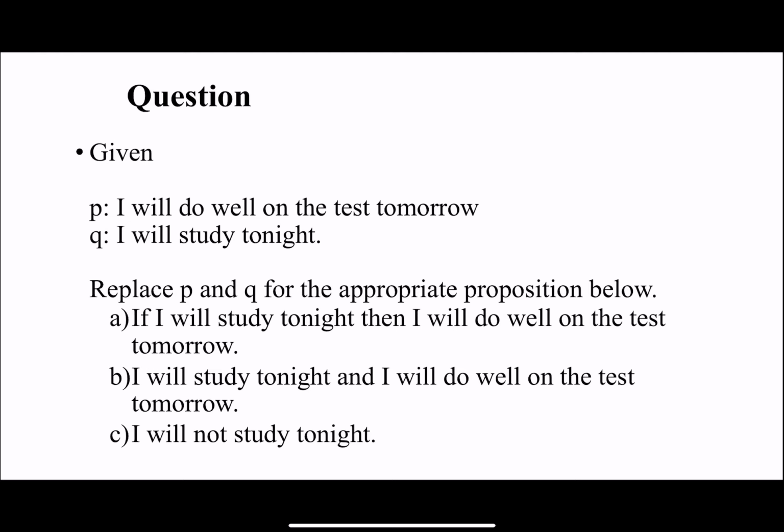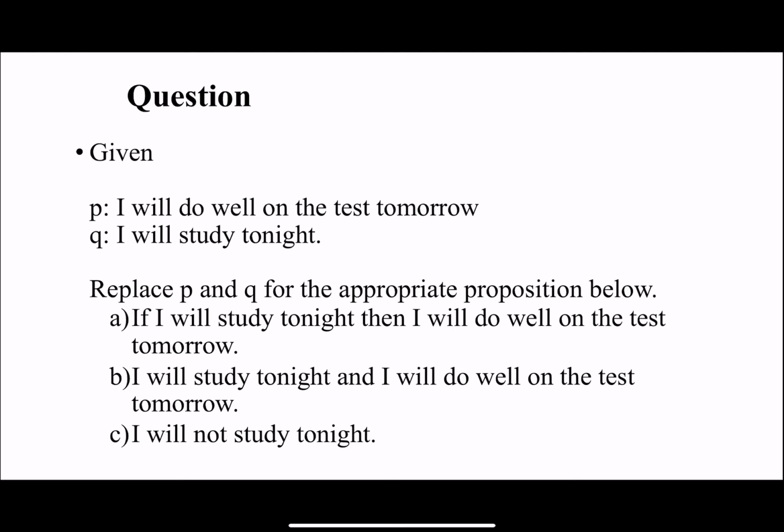Okay, so look at here. We have P and Q. P is I will do well on the test tomorrow, and Q represents I will study tonight. So I want you to replace P and Q, and change A, B, and C statements into symbols, okay, using P and Q. A says, if I will study tonight, then I will do well on the test tomorrow.